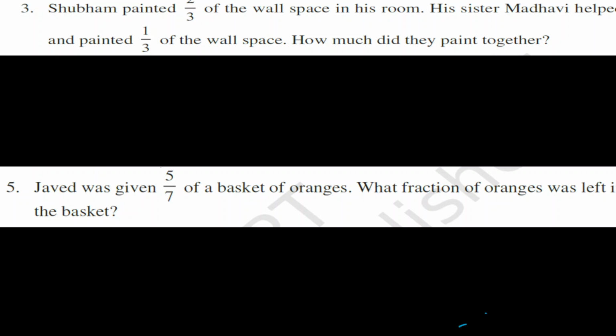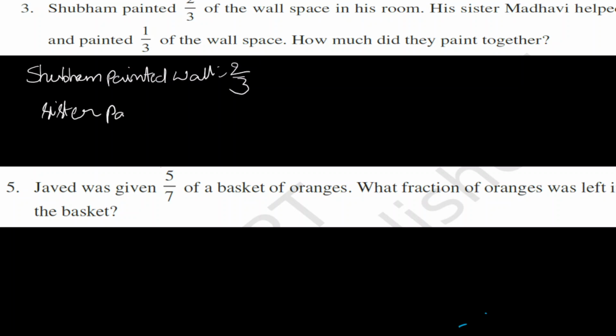And here, Shubham painted 2/3 of the wall space in his room, and his sister Madhavi helped and painted 1/3 of the wall space. Here Shubham painted wall equal to 2/3 and sister painted wall equal to 1/3.